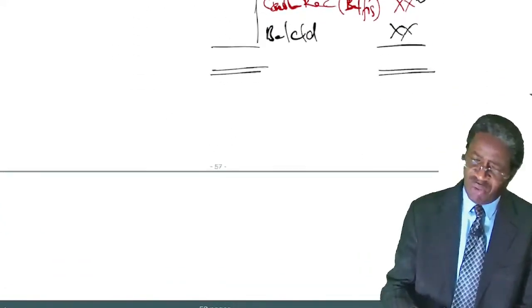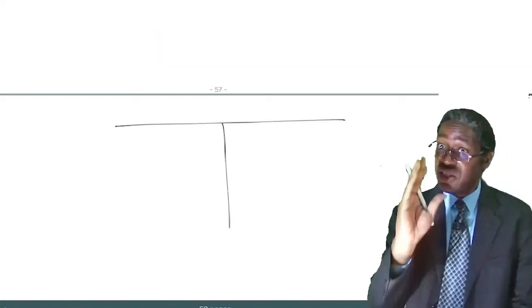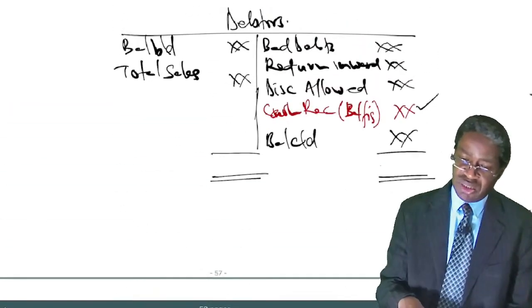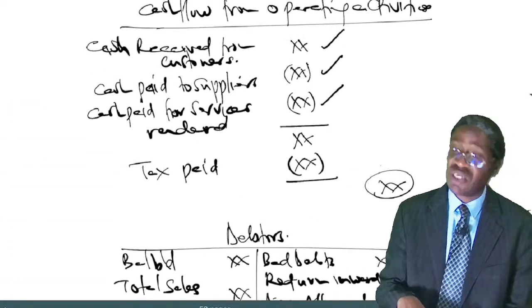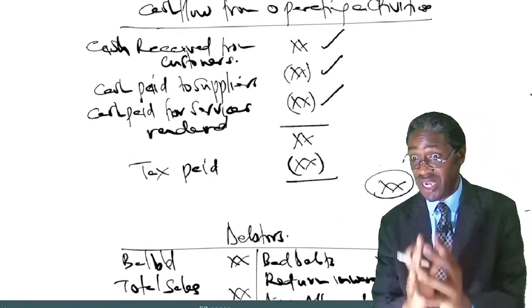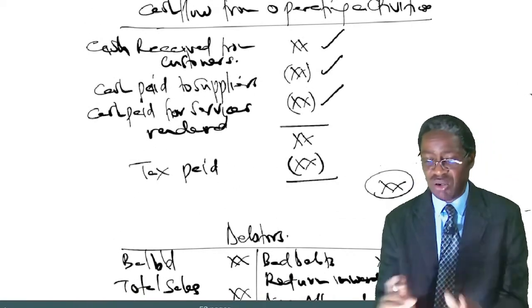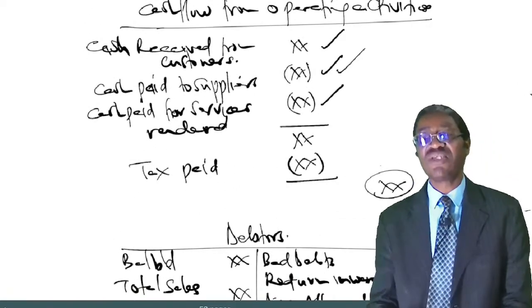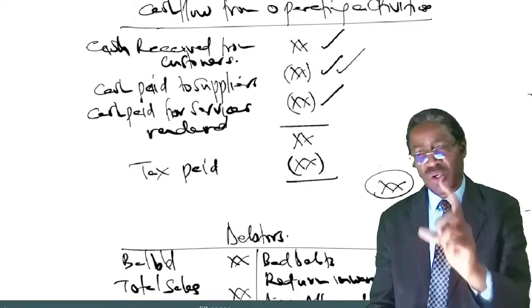The second figure I want to remind you is how are you getting the cash paid to suppliers? How are you determining the cash paid to suppliers? We have said there are three figures you need. One is the cash received from customers, which I've reminded you. Number two, now we are looking for cash paid to suppliers.